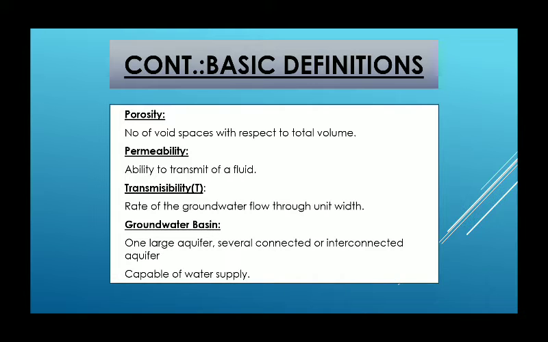Permeability defines the ability of a rock or soil to transmit a fluid. Transmissibility is defined as the rate at which groundwater is transmitted through a unit width of an aquifer under a hydraulic gradient.